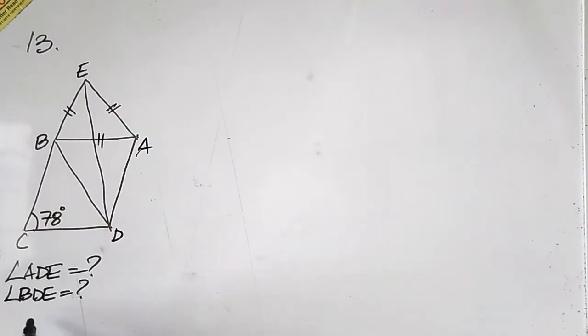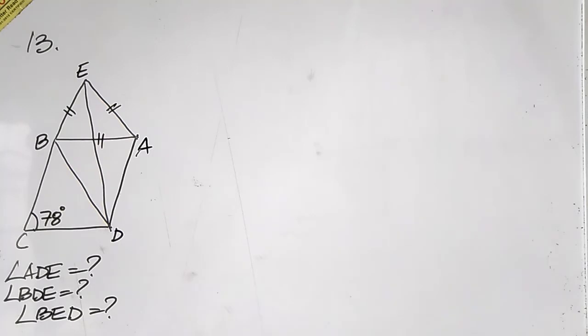And we also have to find angle BED. So these are the angles that we have to find. It's not a very hard problem, it's very simple. If you just remember some of the steps that we have done earlier, it will be very easy for you to solve this.